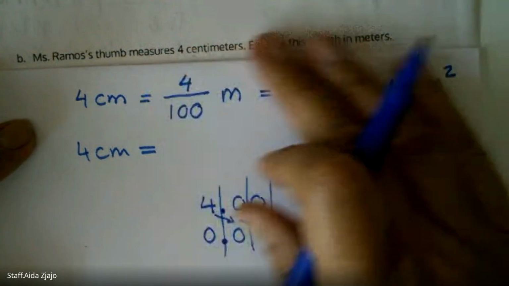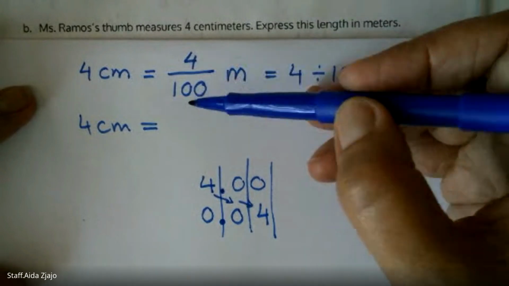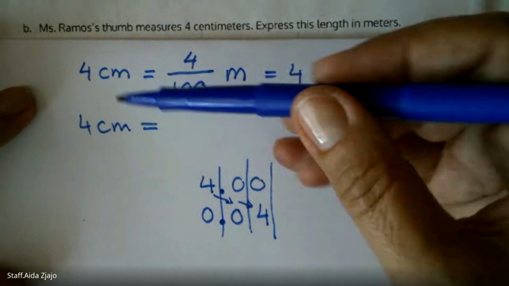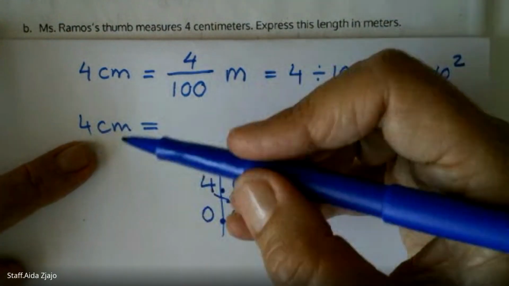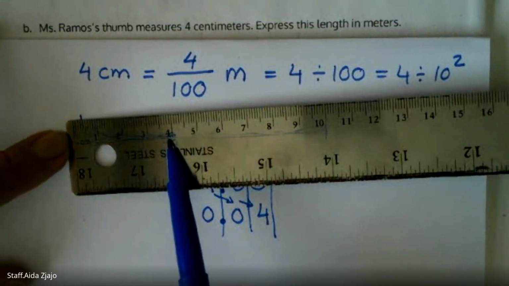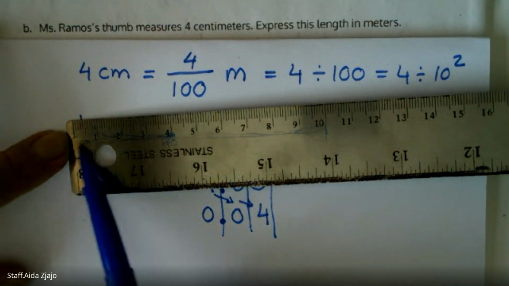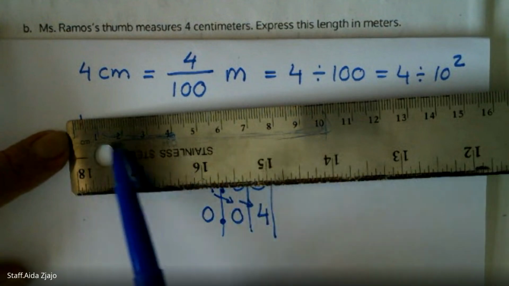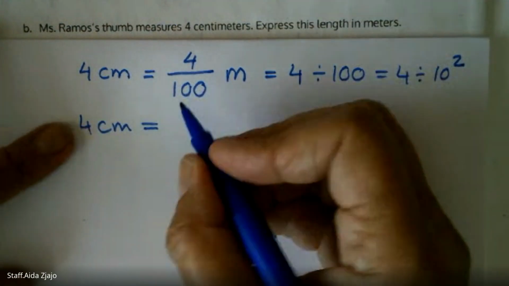So when you think logically, you can think this: 100 centimeters are in a meter. If you have only 4 of them, look, if you only have these 4 centimeters, you do not have the meter. You do not have even a decimeter, so you only have those 4 centimeters. So how can you say this?